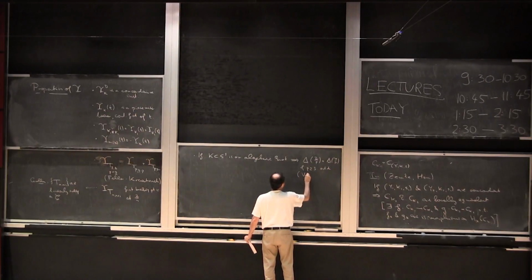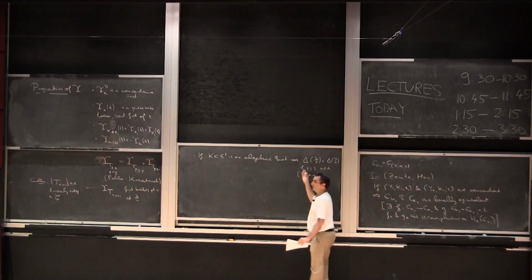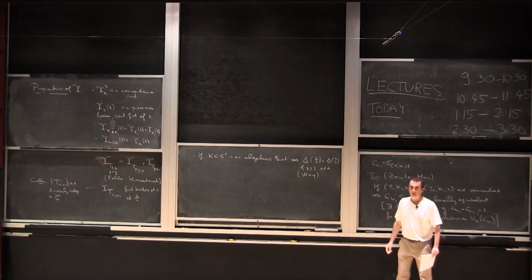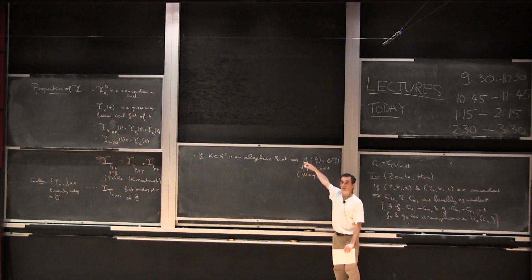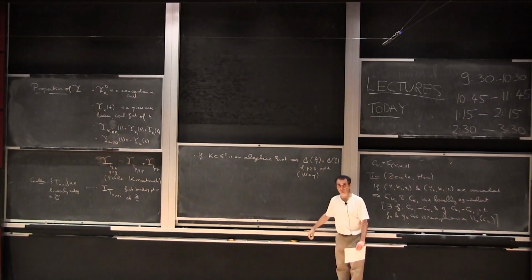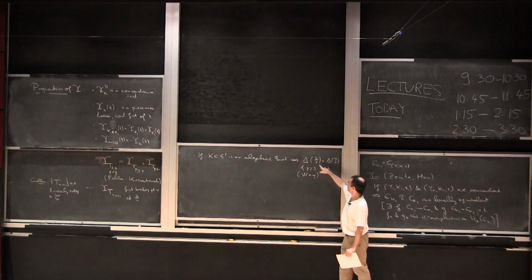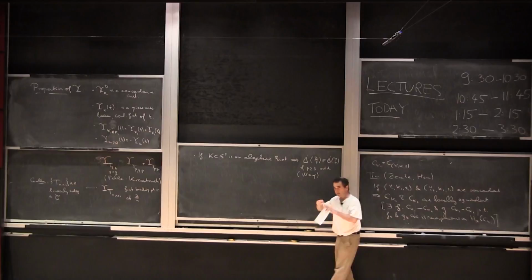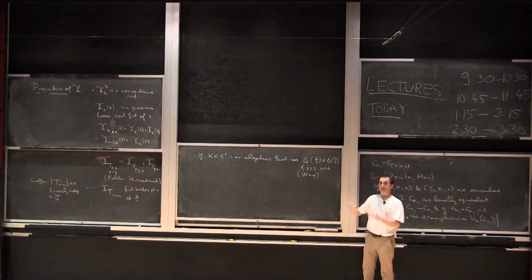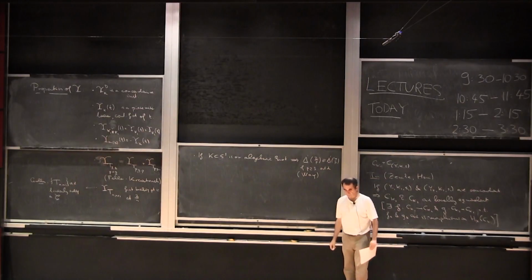This is a result of Wang. And using this property, he showed that there are knots which are linearly independent of algebraic knots in the concordance group. So you just have to find a knot which doesn't satisfy this equality.